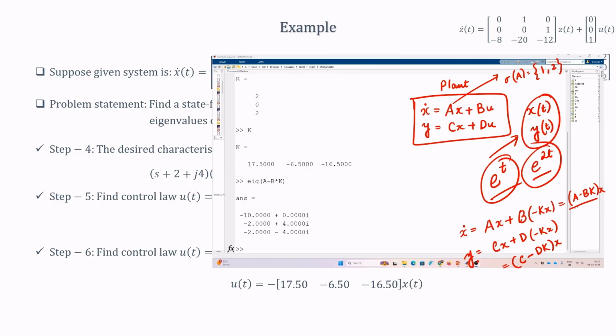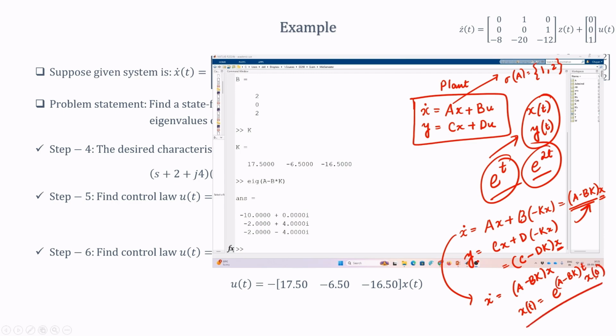So, you can see that with the help of K you are changing your x, and once you are changing your x, your y also will get changed, because the solution of x dot equal to (A minus BK)x would be x of t equal to e to the power of (A minus BK) times t, times x of 0, say.